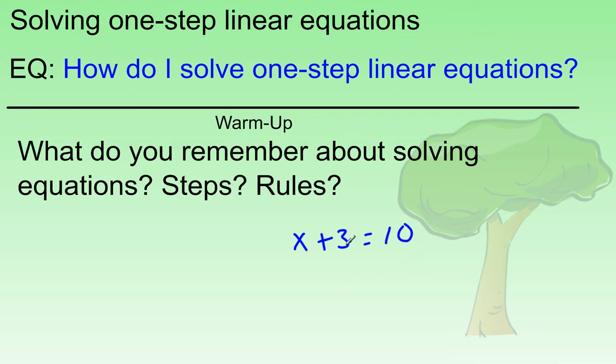Then what we're going to want to do is do the opposite of what's happening to that variable. Now, there's a specific order we're going to eventually work in, but in this lesson, we're looking at these one-step equations, which are fairly simple, and for the most part, you could probably do in your head. And the essential question says, how do I solve one-step linear equations?